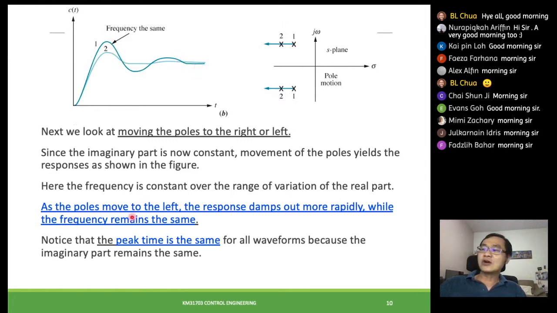So we can conclude that as the pole moves to the left, the response actually damps out faster, right, however the frequency remains the same, due to the maintained imaginary value.